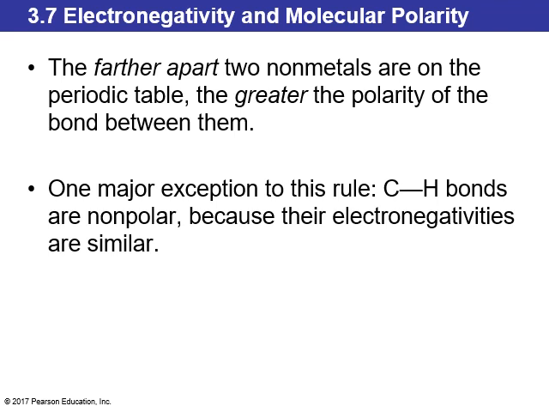So the further apart the two nonmetals are on the periodic table, the greater the polarity of the bond between them. So for example, oxygen and carbon are closer to one another than oxygen and hydrogen. So the polar bond between oxygen and hydrogen is going to be a lot more polar than the bond between oxygen and carbon.